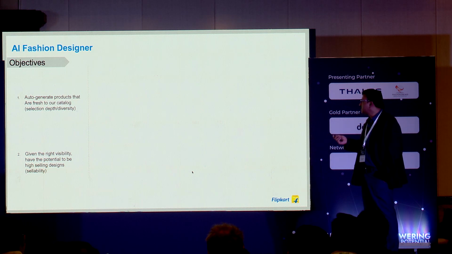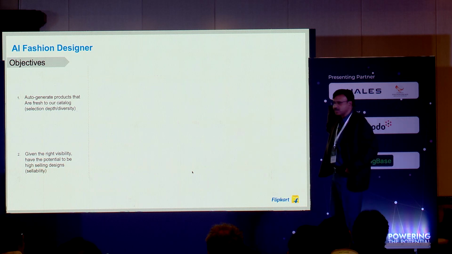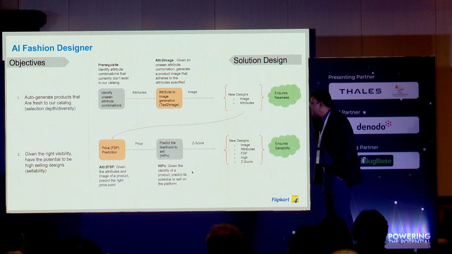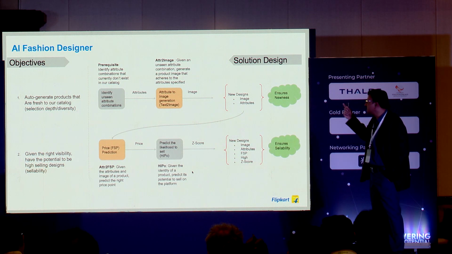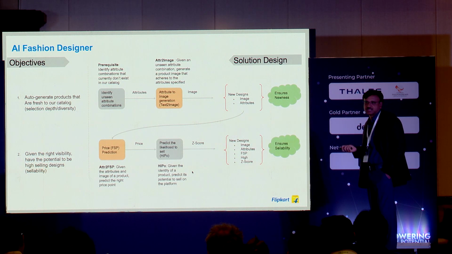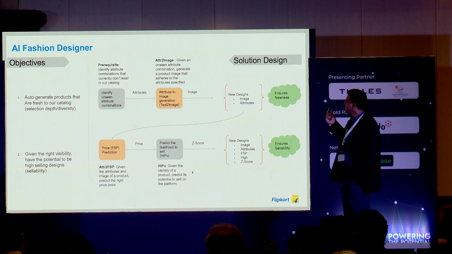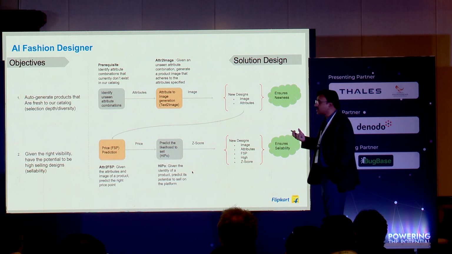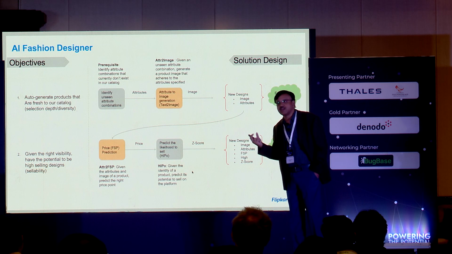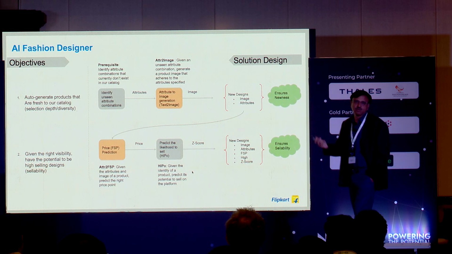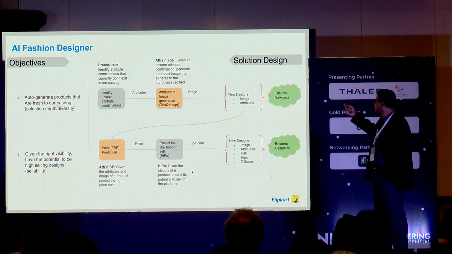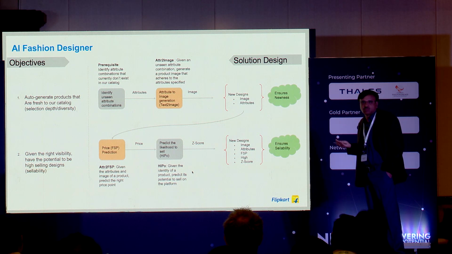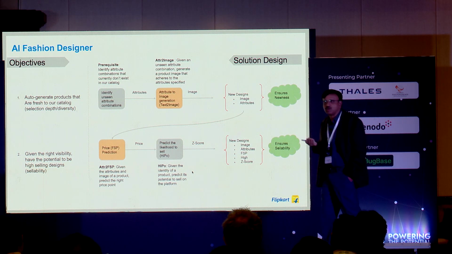Then we use what I showed earlier, high potential, to provide the right visibility to the right product. So we identify combinations that don't exist in our catalog, and then, with the process I showed you, generate a product image that adheres to this set of attributes that are not available. It gives you a fresh design, but you don't know whether this new design is any good or not.